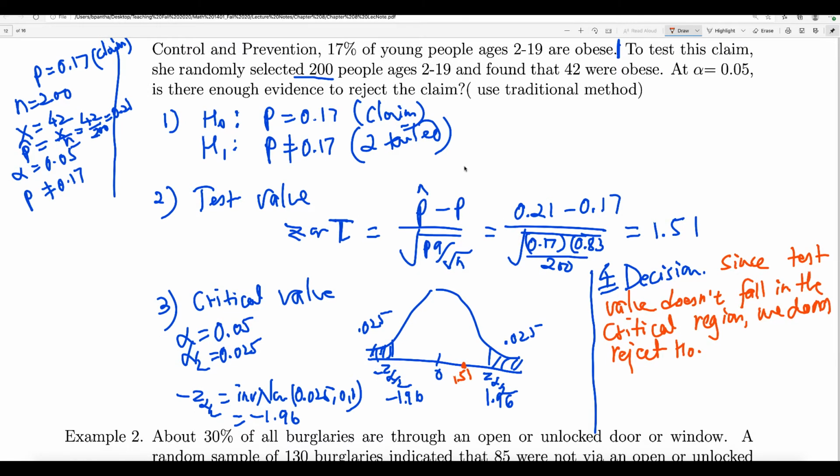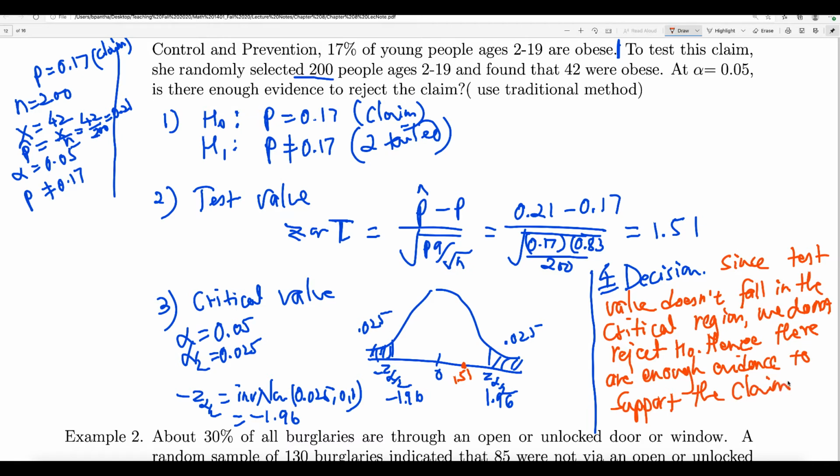So what we can say is there is enough evidence to support the claim. Or what is another way of saying that? You can say there is not enough evidence to reject the claim. You can say it that way too. Okay, so this is how we do it by the critical value method.